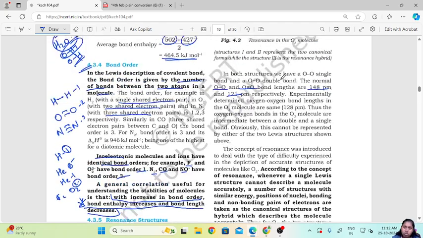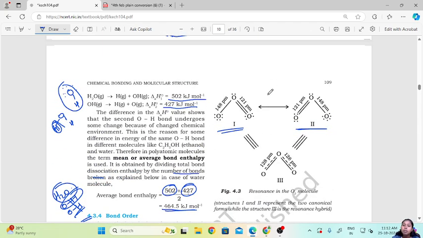There are other molecules also which follow a similar pattern. A basic example is benzene. In benzene, all these three double bonds can resonate. Resonate means they can move around.